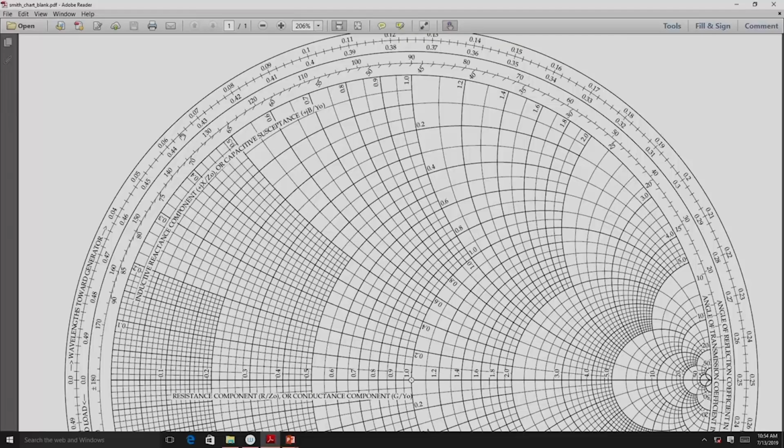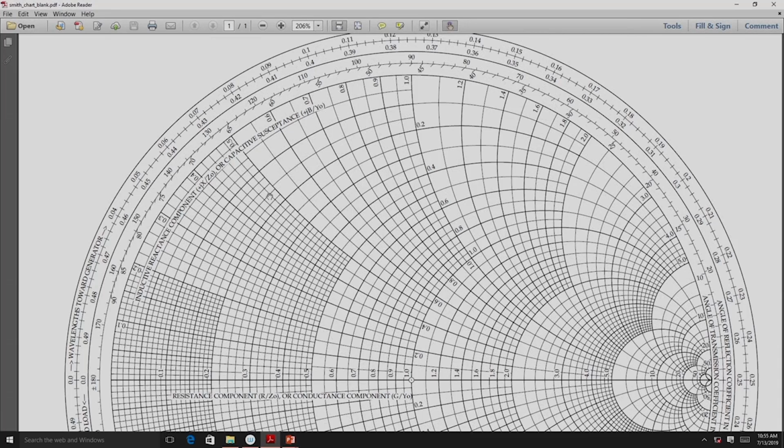So, here you can see that the resistance circles and the reactance circles, they are very closely spaced and their values are indicated. For example, this is R is equal to 0.1, R is equal to 0.2, R is equal to 1 circle, R is equal to 2 circle, R is equal to 5. So, all these circles, these values are provided. Similarly, here x is equal to 1, x is equal to 1.6, x is equal to 0.5.